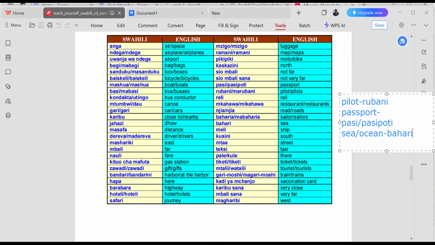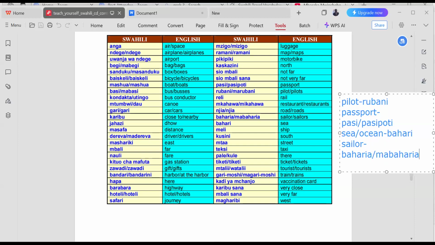Now, those who always sail on the sea or the ocean, English calls them sailors or sailor. In Swahili, we call them baharia, from the word bahari. Or if they are sailors, you add the word mabaharia.